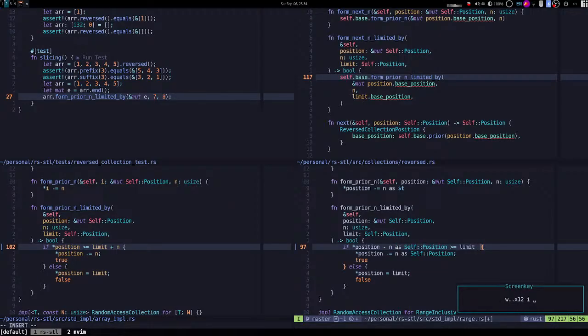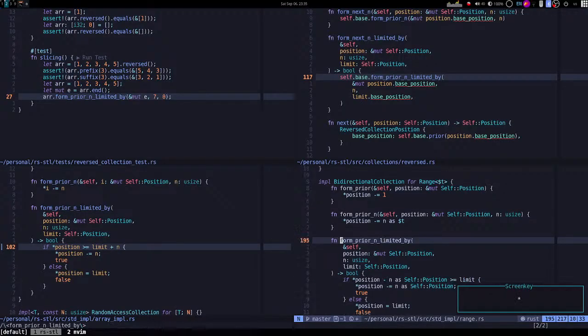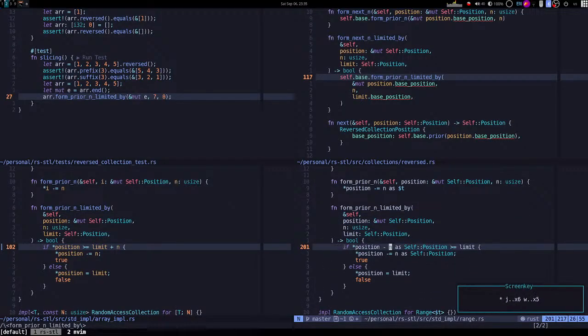Limit plus n as self position, right, form prior and limited by, and paste plus, and yeah, that should be the case.